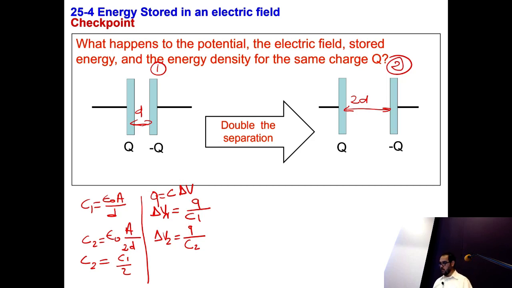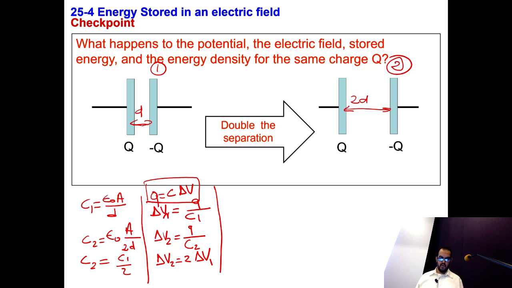And we know C2 is C1 over 2. So delta V2 is actually equal to 2 delta V1. You can see the capacitance decreases, the charge stays the same, so the voltage has to increase in order to maintain this equation.